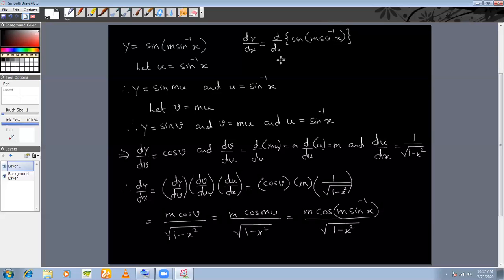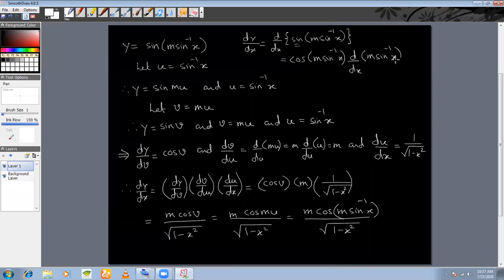So first we would differentiate the sine, to get cos (m sine inverse x) into the d/dx of whatever was within the sine, which is m sine inverse x.